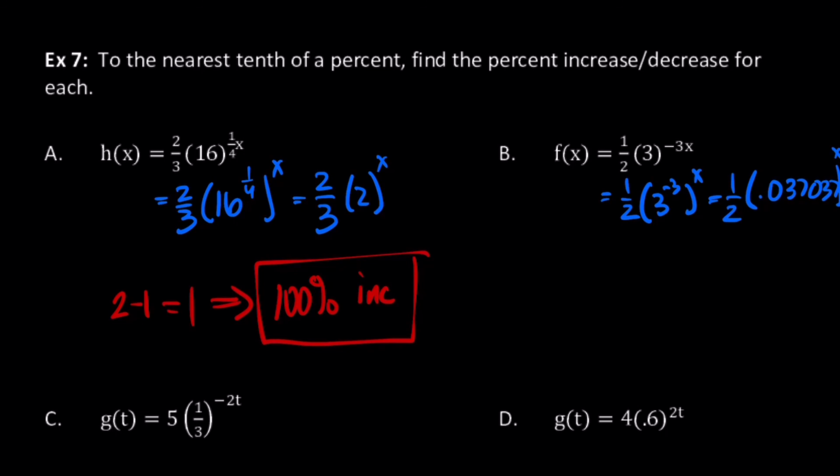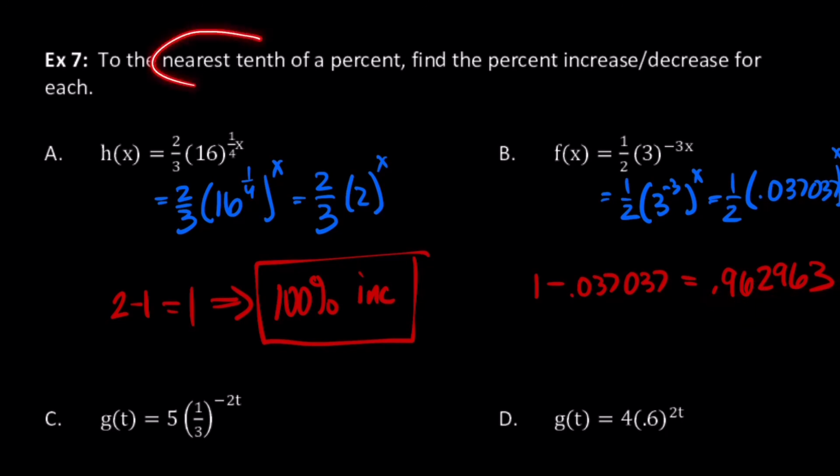So what I would do next is take 1 minus that. I want to figure out how far away that is from 1. And don't round until you get to your percent. So that would be 0.962963. So now, as a percent, you move this 2 places. 96 point all of this stuff.